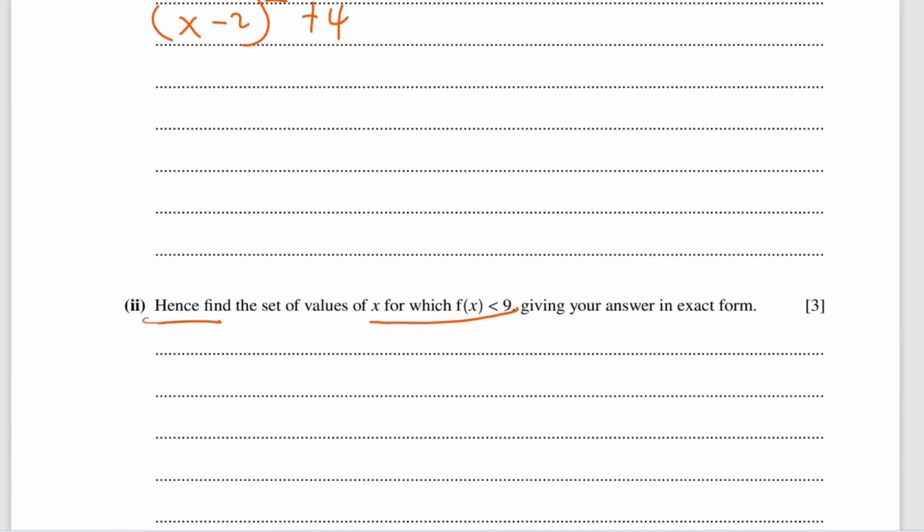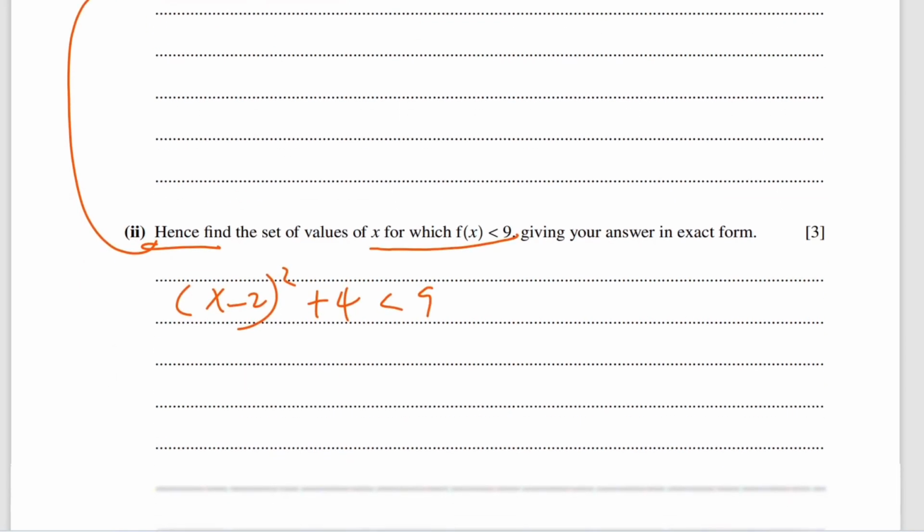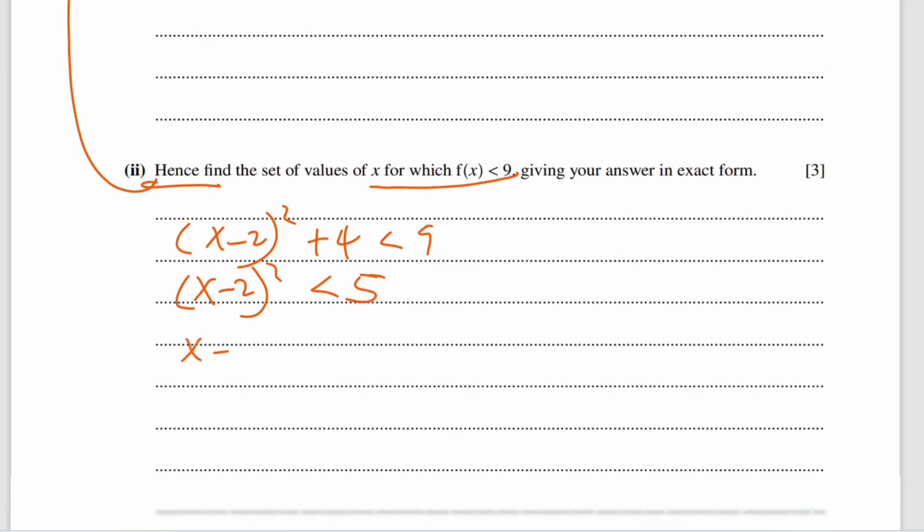And then they said that hence, use whatever you have to work. Hence, find the value of this. Well, we know that our quadratic was this plus that is less than 9. So there are 2 ways. You can expand it and then solve it, kind of long process, or you can just move the 4 to the other side to have 5, and then you take the square root of that 5, which would be basically plus or minus root 5, right?